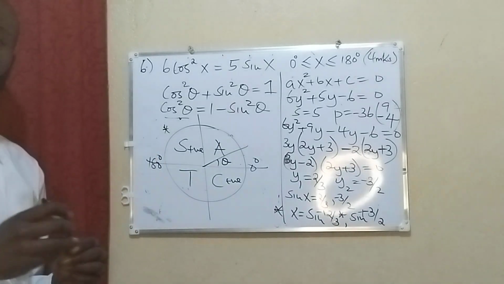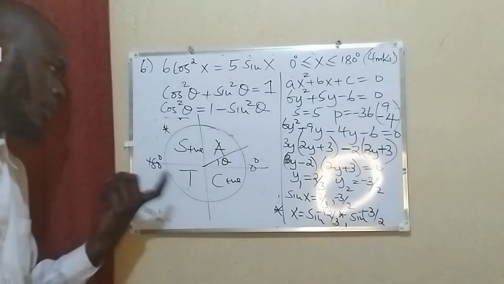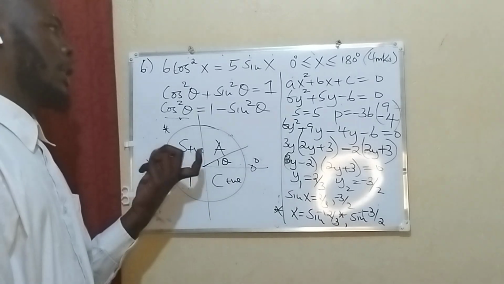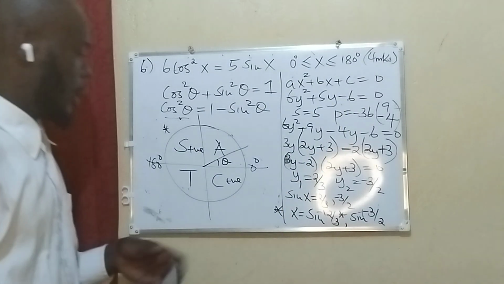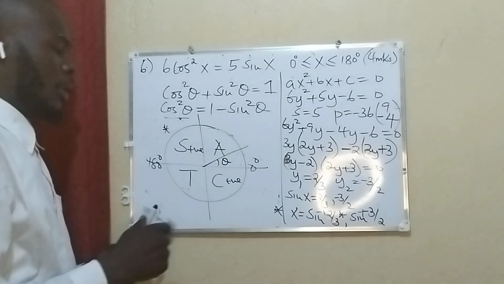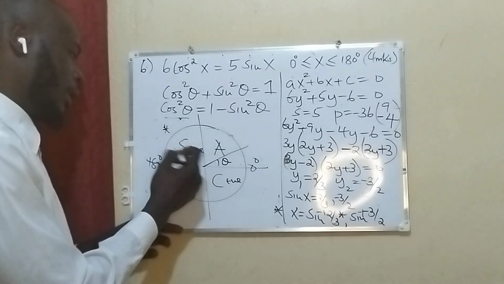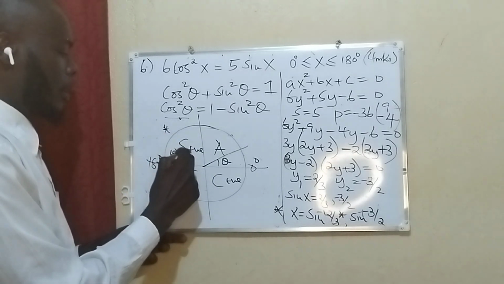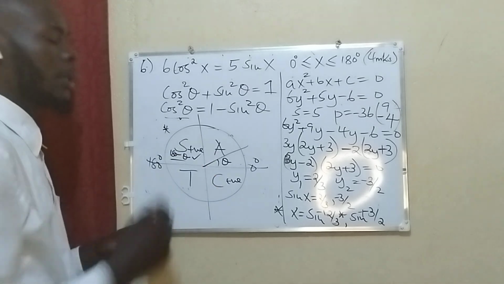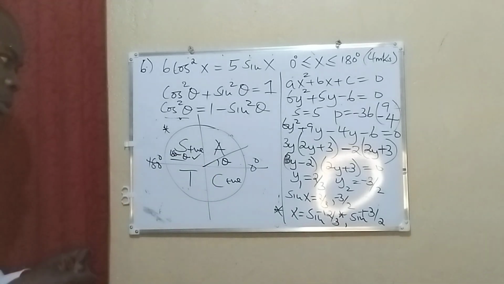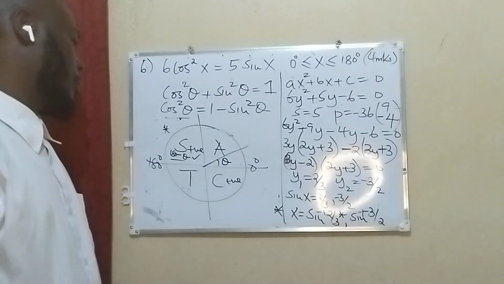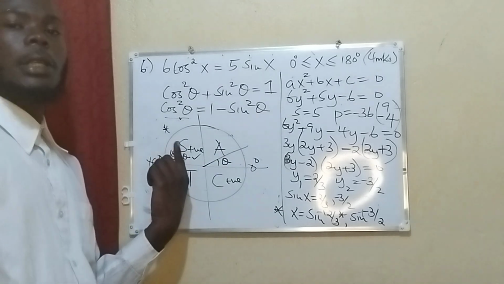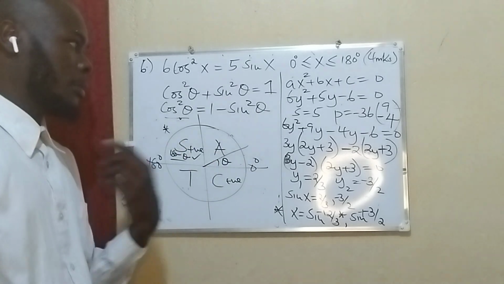So another possible value of that angle, between 0 and 180, is in the second quadrant, where sine is positive. There you take 180 minus that angle theta which you have got. So if here is 30, then here it will be 150.